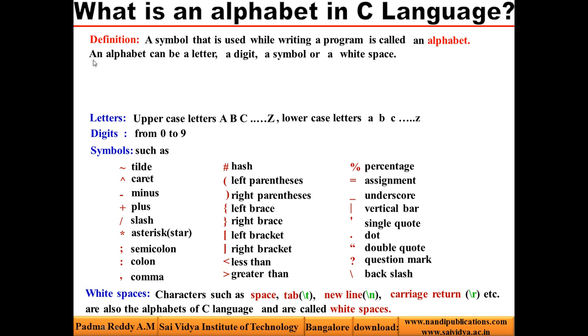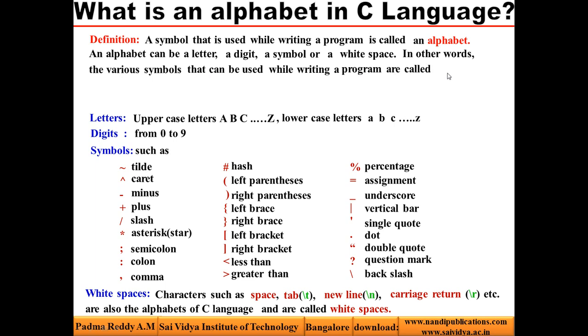So an alphabet can be a letter, a digit, a symbol, or a white space. In other words, the various symbols that can be used while writing a program are called alphabets. The alphabets are also called the character set.